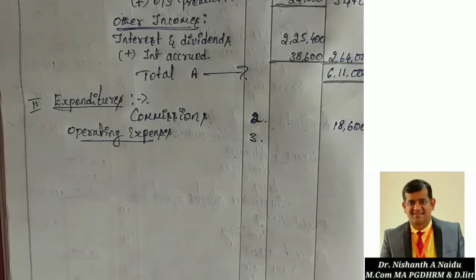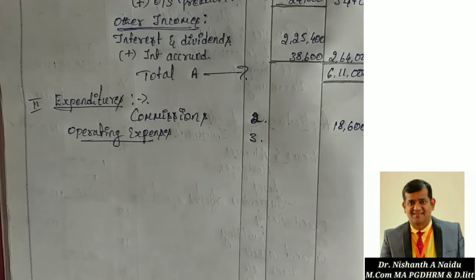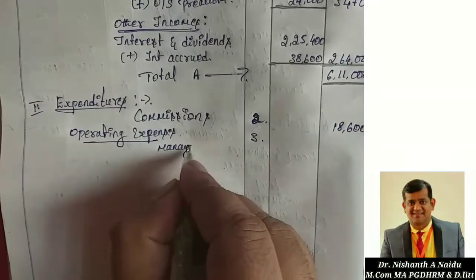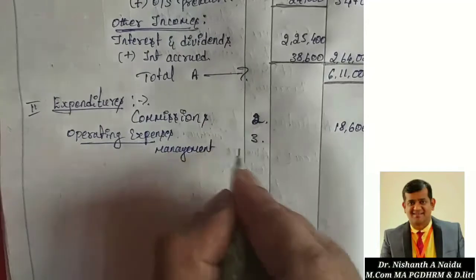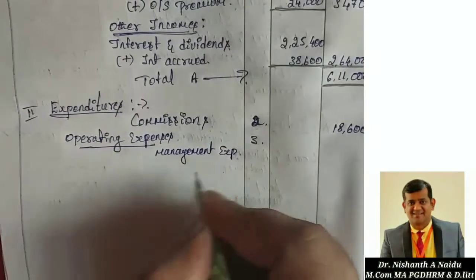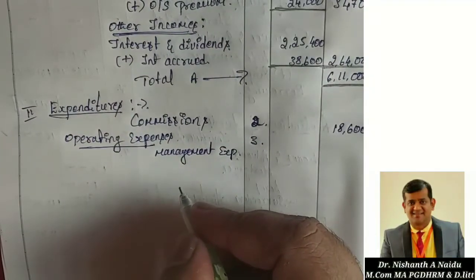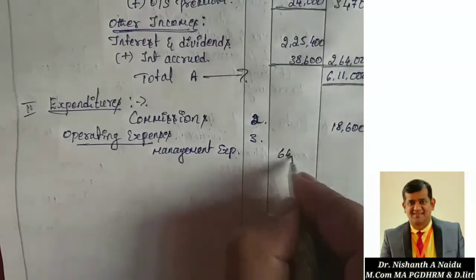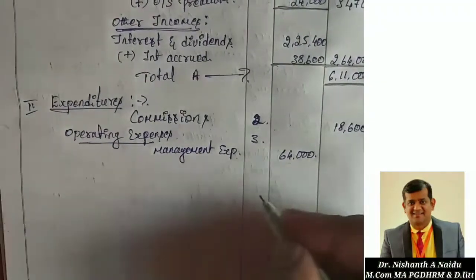Under operating expenses, we always get management expenses, the most common item. We have already marked it in the trial balance. Management expenses, how much? They have given 64,000. So I am writing 64,000 rupees.